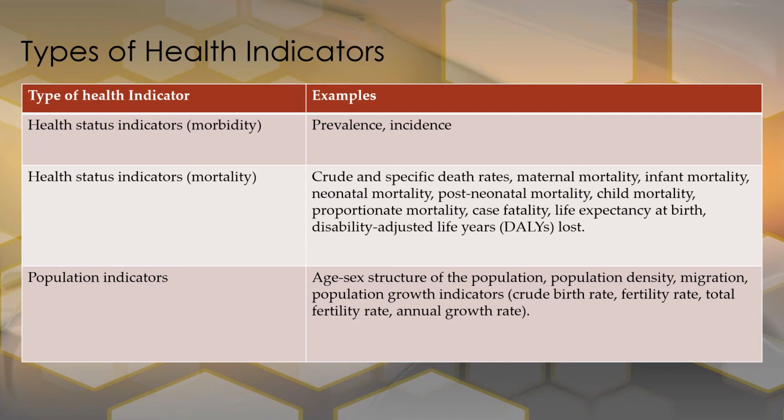In a specific population group, we have indicators like the age, the sex, and the density: what comprises this specific community? Are they more on the older adults or the young ones? So these are our health indicators.